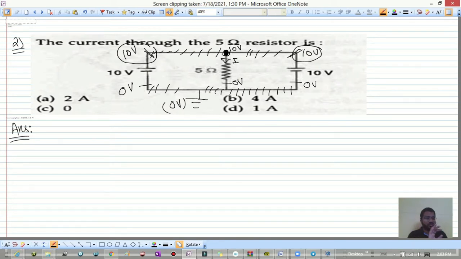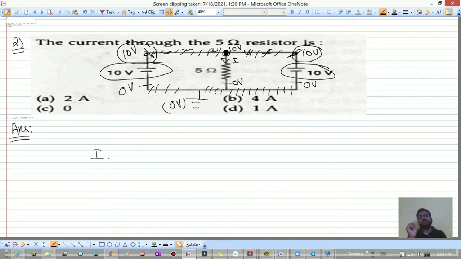It is not the addition of 10 and 10. Why, I will tell you. This 10 volt and this 10 volt are in parallel, right? As they are in parallel, the potential difference in parallel will remain the same. Now as the potential difference in parallel remains same, the potential at this point will be equal to the potential at this point, right? So 10 volt potential, this is 0 volt potential.